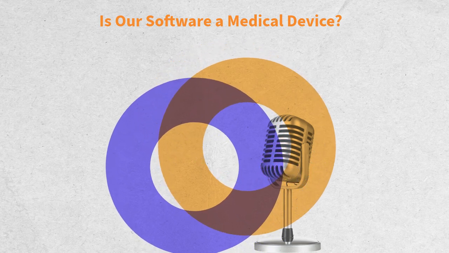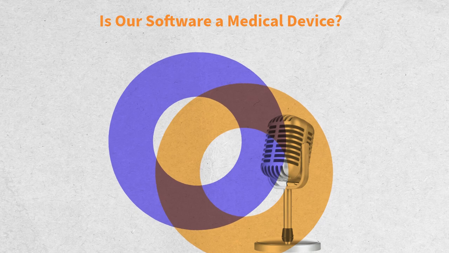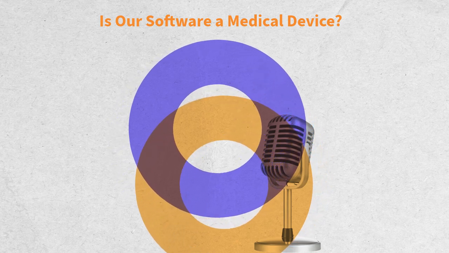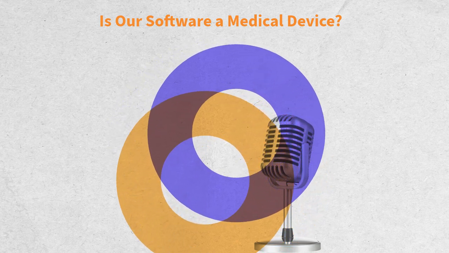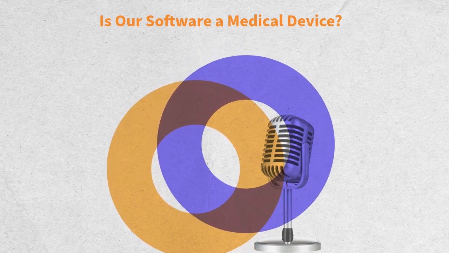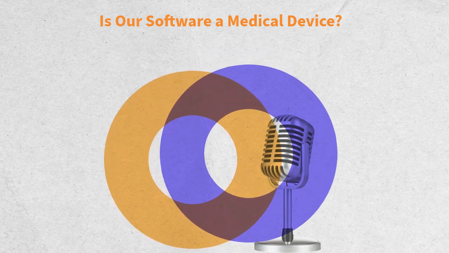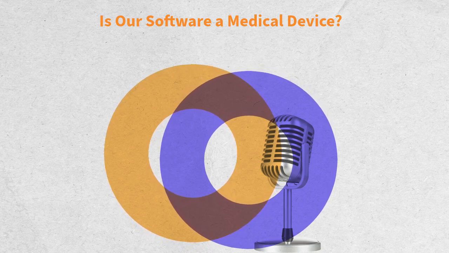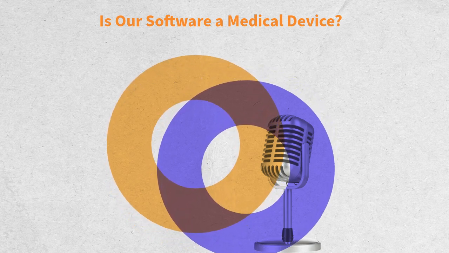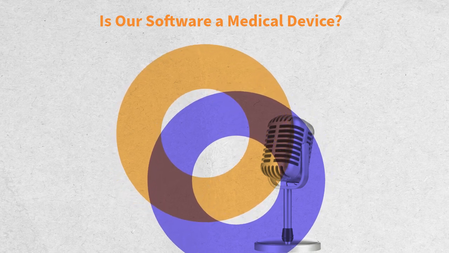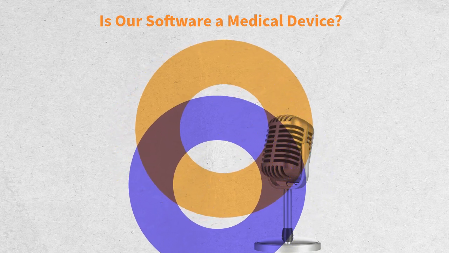What is the difference between a standalone software and a software embedded in a medical device? Standalone or freestanding software works independently, typically as an app on a smartphone or as a program installed on a PC.